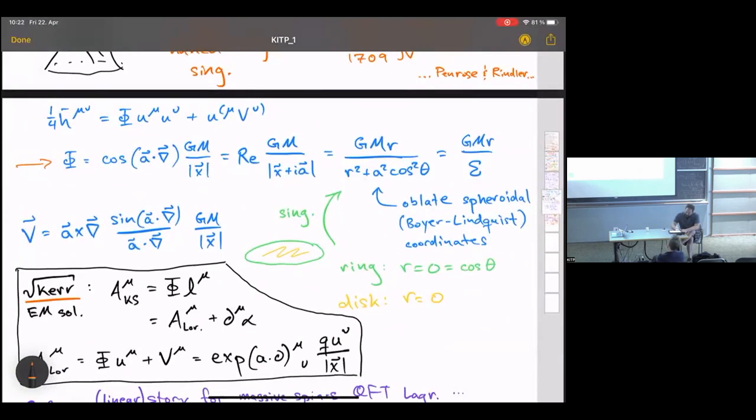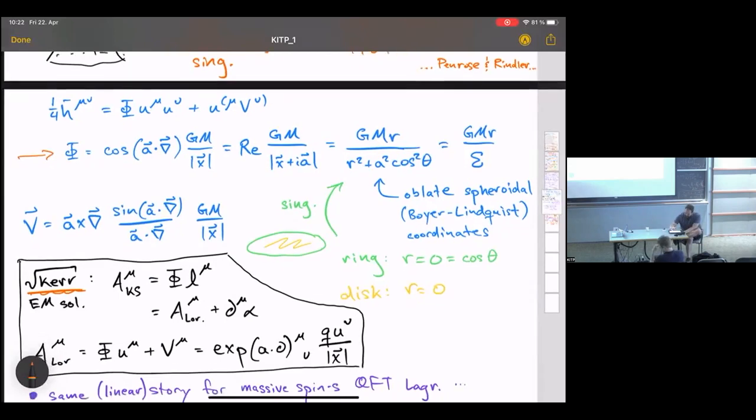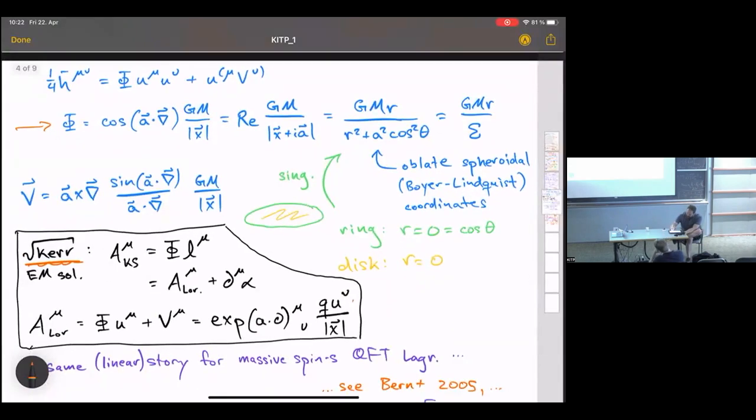But okay, in this electromagnetic analog, the so-called square root of Kerr, we have a gauge field that very much is also representing a naked singularity. It's a spinning naked ring singularity. It looks in so many ways very much just like the square root of this linearized Kerr thing. Okay, now your question.